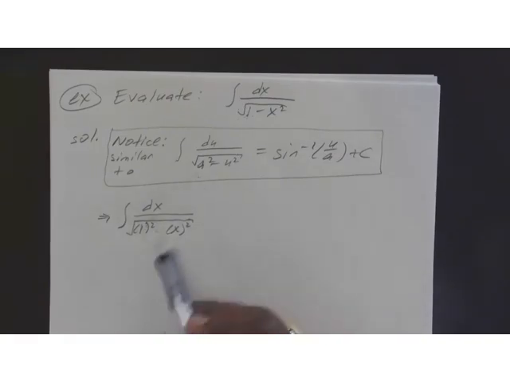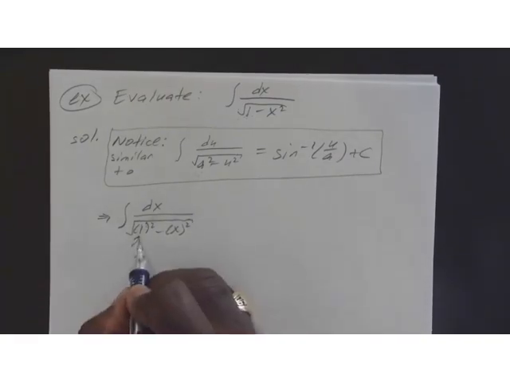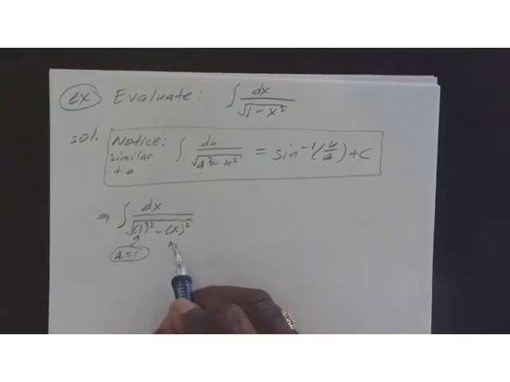Okay, so if we match up with the formula, we see here that a is equal to 1 and u is equal to x. And from that u, we can find our du.